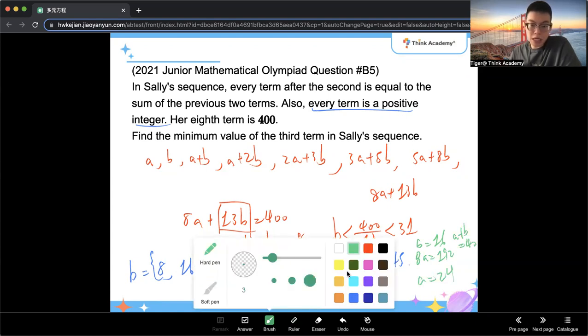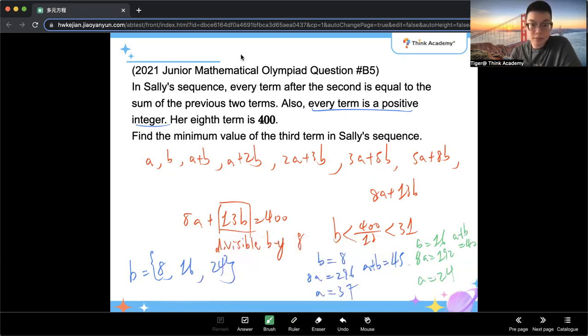And then when b is 24, it means that it's going to be 312. 13 times 24, 312. Yes. So it means that 8a is going to be 88, which means a is 11. So a adding b is 35. So the minimum value of the third term is 35.